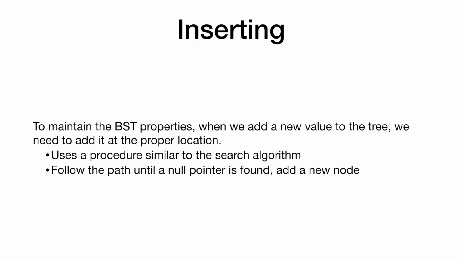We're going to use a procedure that's very similar to the search algorithm that we talked about in the last video. The basic idea is that you follow the path down until you hit a null pointer in the direction you need to go to find that particular value. And when we hit that null pointer, we're going to just create a new node and insert it there.